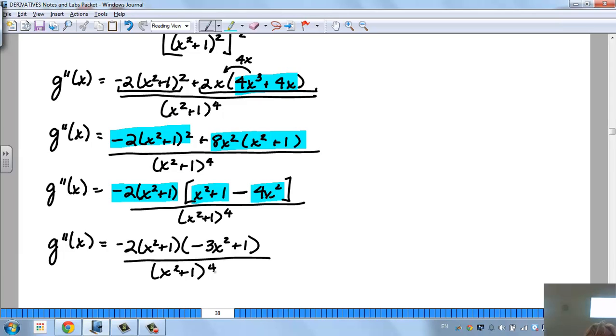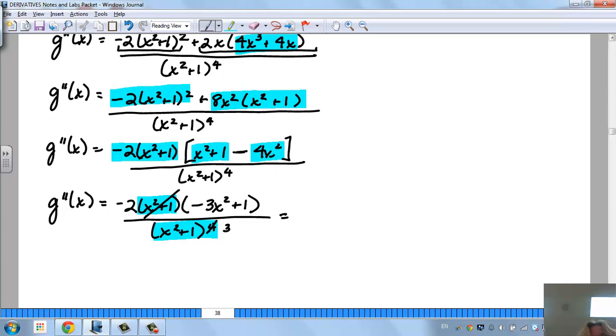Okay, now I see that I have a factor, and I have a to the fourth term here. So this and this can cancel, but what it will do is this will go down to a third. So this actually comes down to be g double prime of x equals 2 times negative 3x squared plus 1 all over x squared plus 1 cubed.